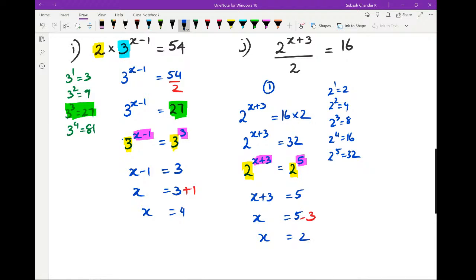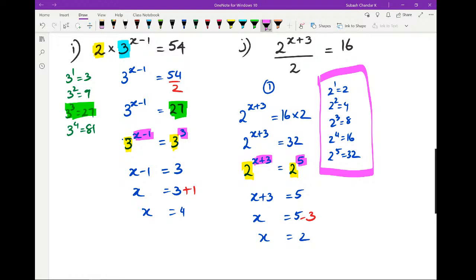Do you always have to put in the powers? Are you talking about this pink box here? What I've written in the pink box, no, that's just for reference. You don't need to write that down in your exam at all.